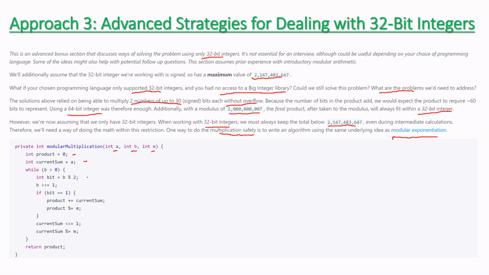We take b mod 2 to get the bit, and we do a shift operation on b. If the bit is equal to 1, then we have to update our product using the current sum, and we do the modulus with m, right? Then we return the product.